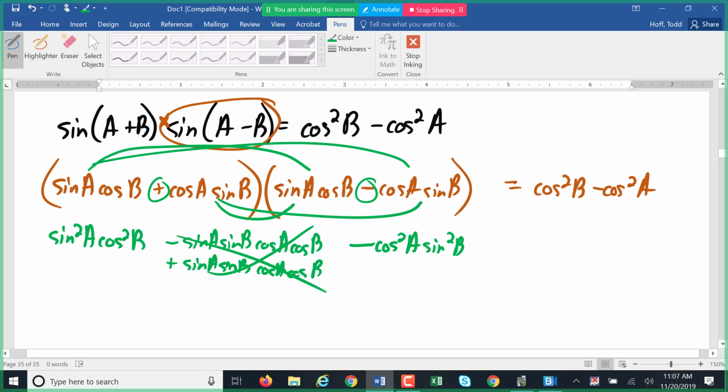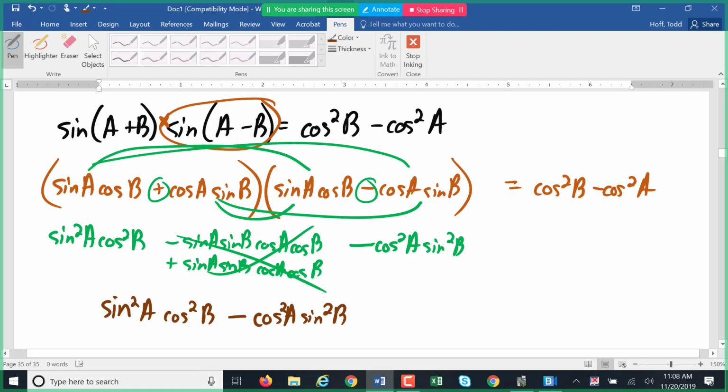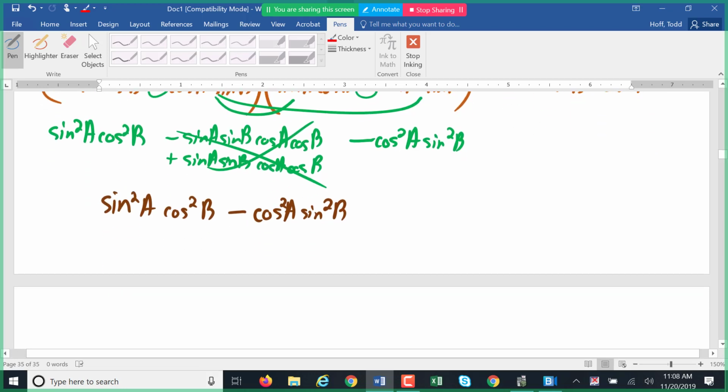So on the left side here right now, what we have is sine squared a cosine squared b minus cosine squared a sine squared b. So let's see if we can replace those sines and make this work out.